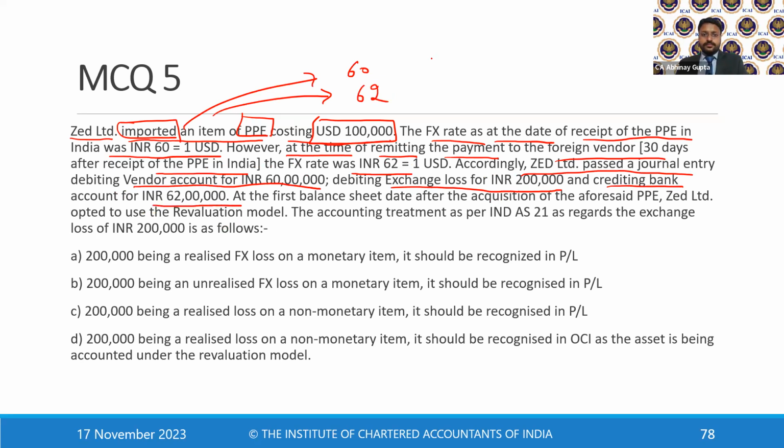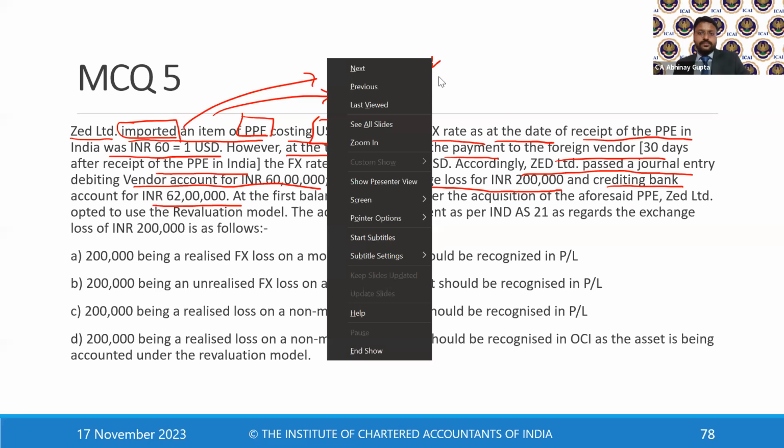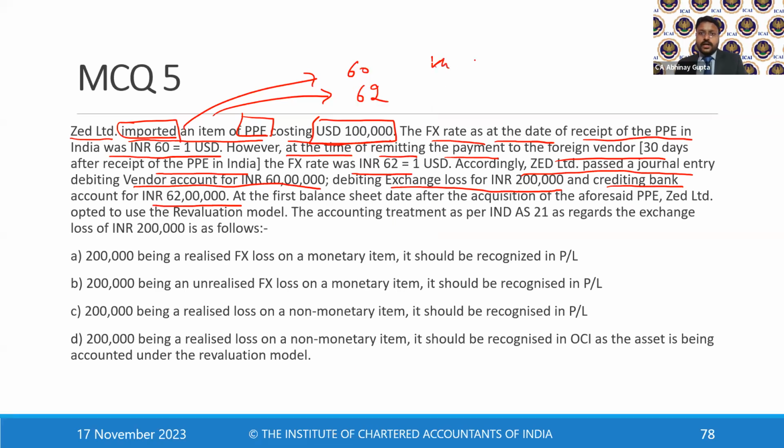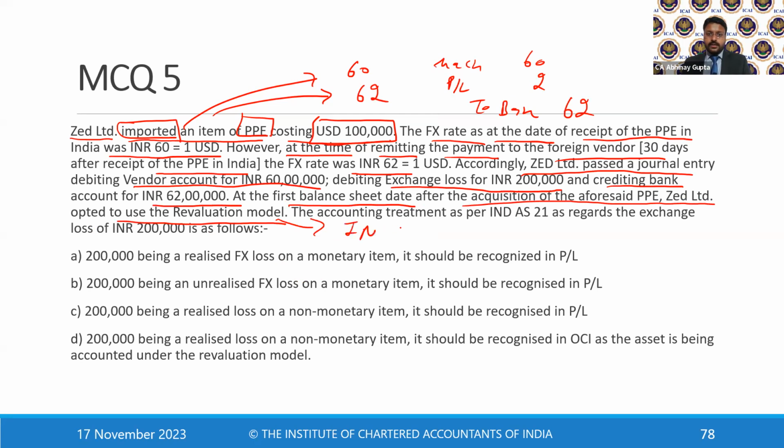So it said, sorry, machinery account debit, loss account debit, to bank, right? 60 to 62. This is the entry the company has posted. At the first balance sheet date, after the acquisition of the aforesaid PP&E, Z Limited opted to use the revaluation model. So the revaluation model is under Ind-AS 16, right?